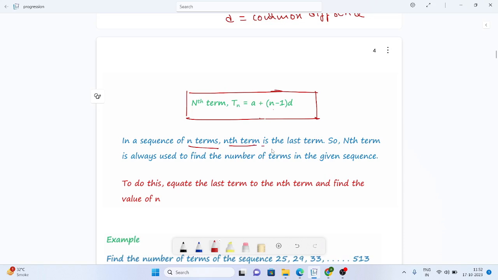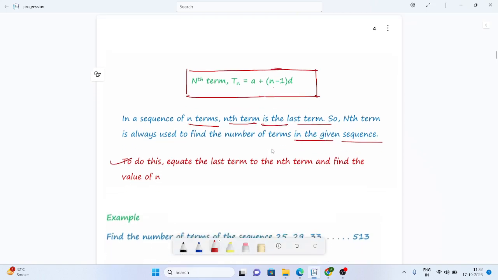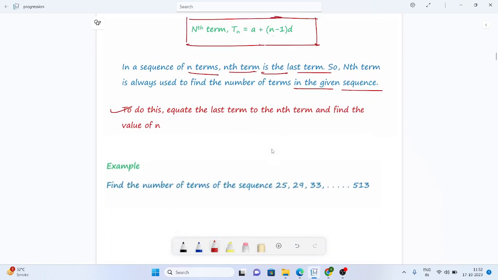So the nth term is the last term. So it is always used to find the number of terms in the given sequence also. So you equate this formula to the last term, or nth term, and find the value of n from this formula. We do one question which will clarify this concept more.